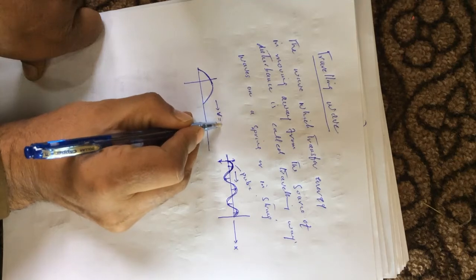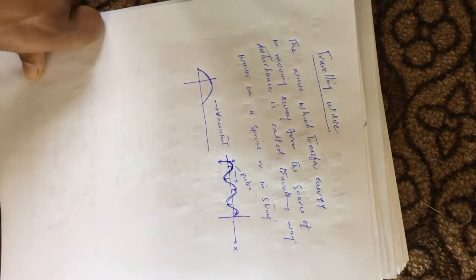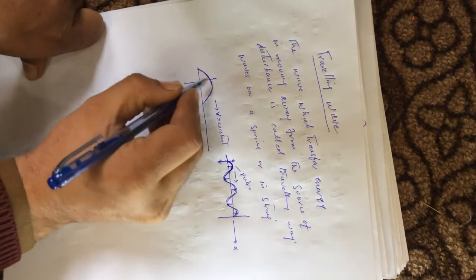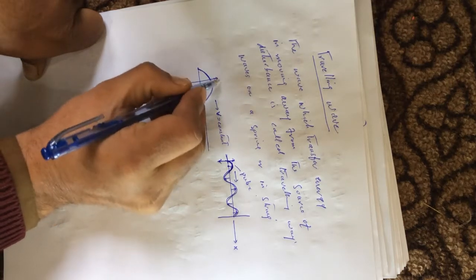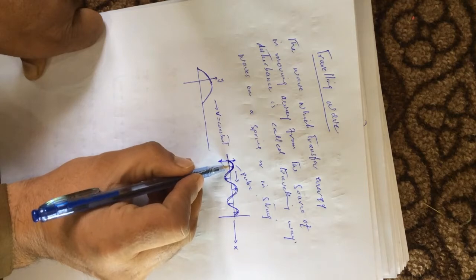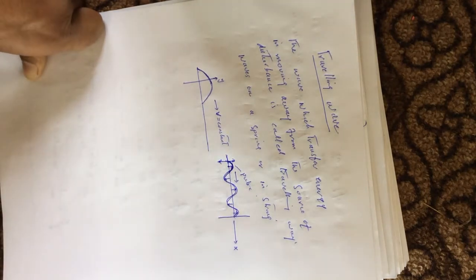But remember that v is constant. Now the wave pulse is moving along the x-axis while the displacement of the string is along the y-axis. The displacement is along the y-axis because the pulse is moving in this way while the particles of the string medium are moving up or down.